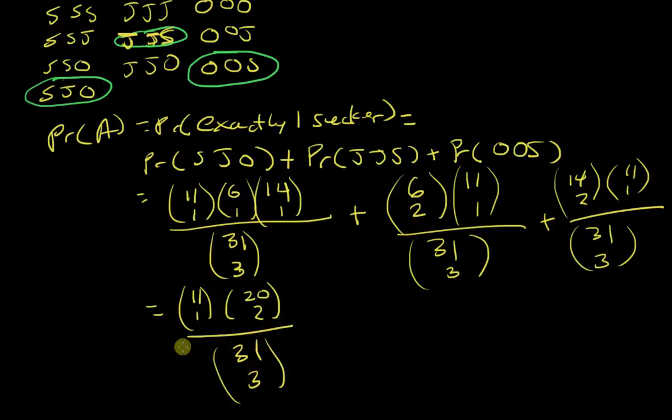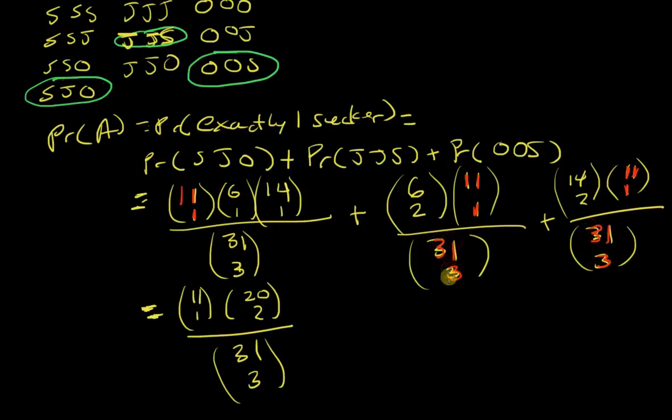And actually, this line and this line are exactly the same. Why is that? Well, you notice that 11 choose 1 is common in all 3. And also in the denominator, you have 31 choose 3 for all 3.